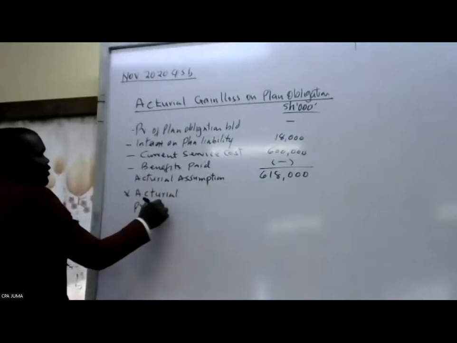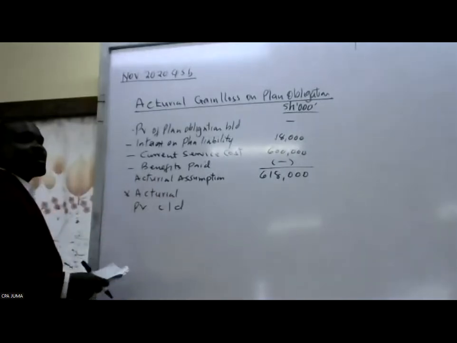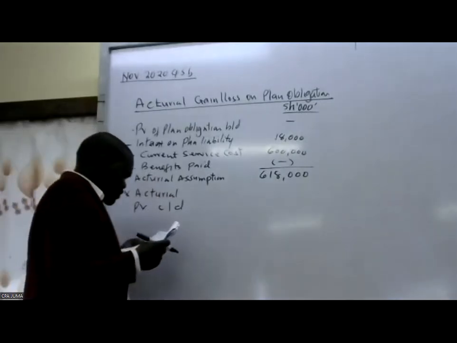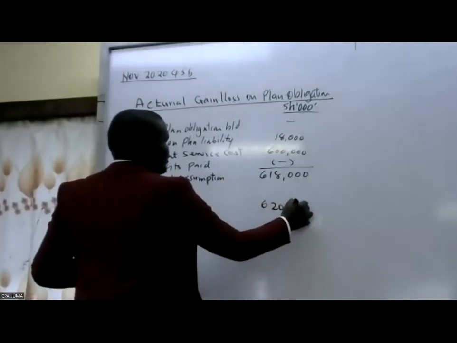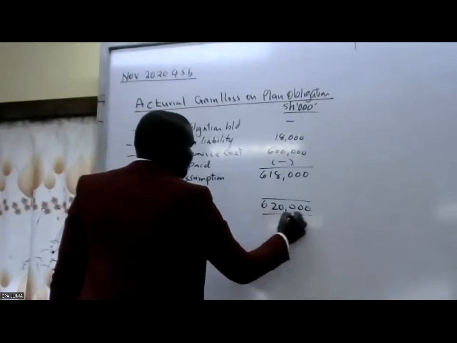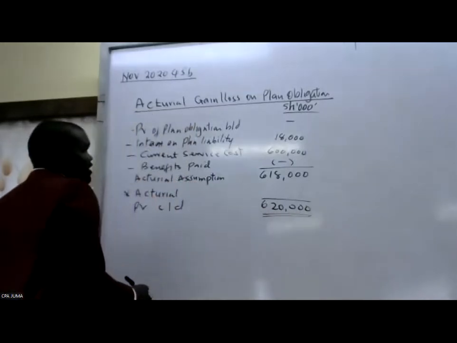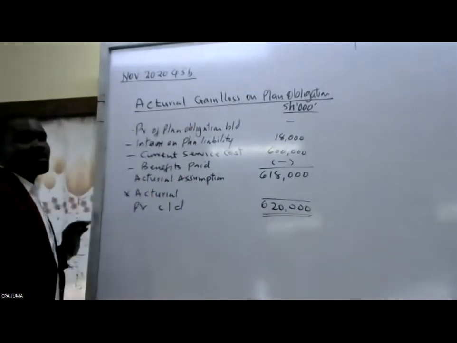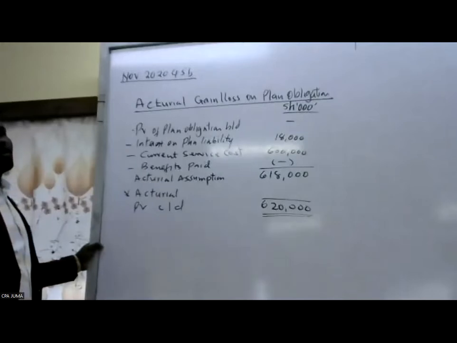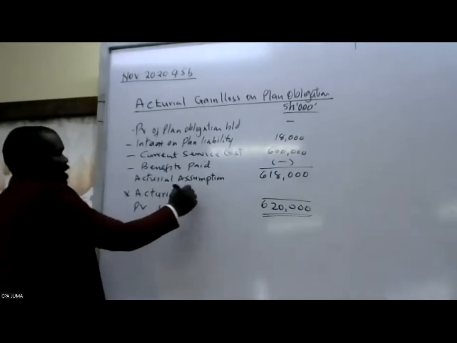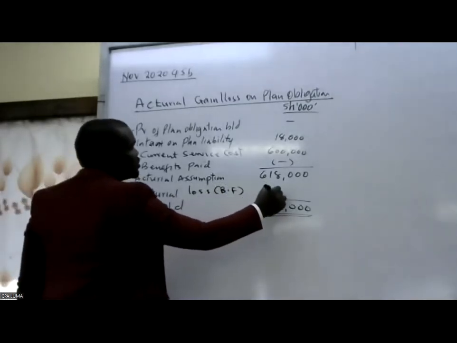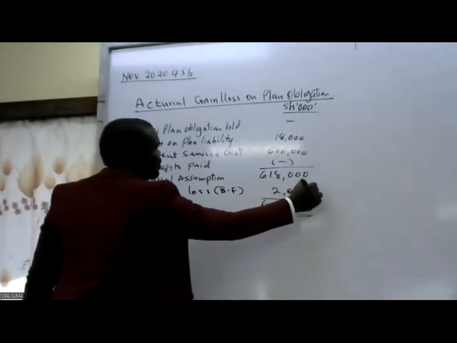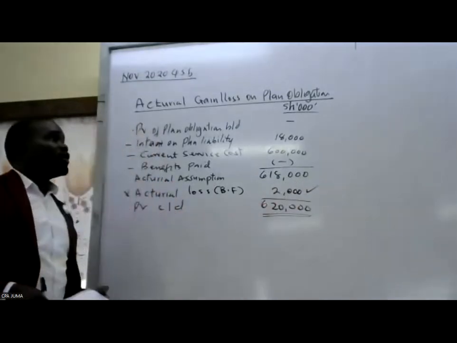So present value carried down is 620. So this is actuarial gain or loss. Loss. The obligation has gone up. So actuarial loss of how much? 2. That is a loss.